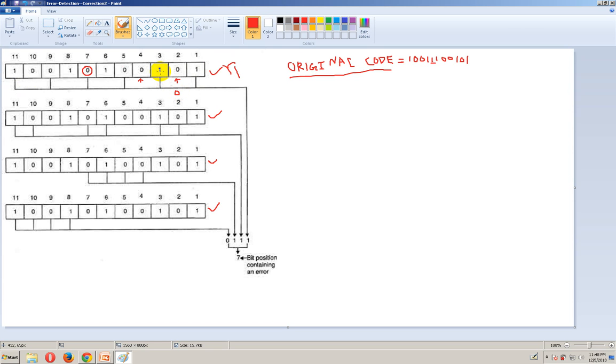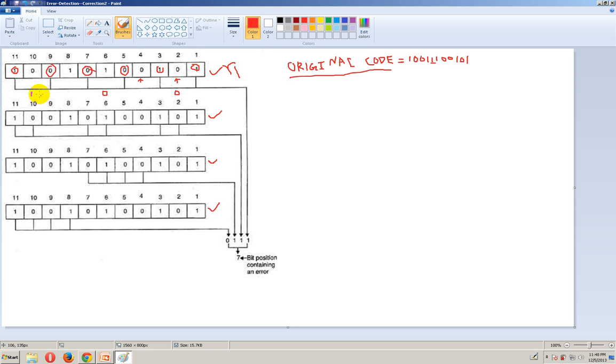Then this one, we already calculated, the red mark. So now let's move to this 0 and this 0, so 0 and 0 we get 0. So exclusive or again: this 0 we calculate with this 1, so 0 1 is 1.